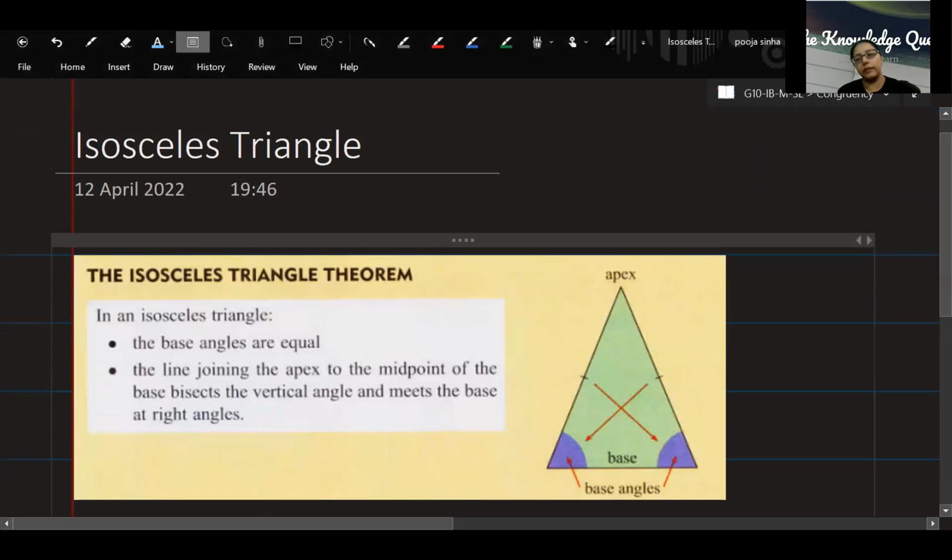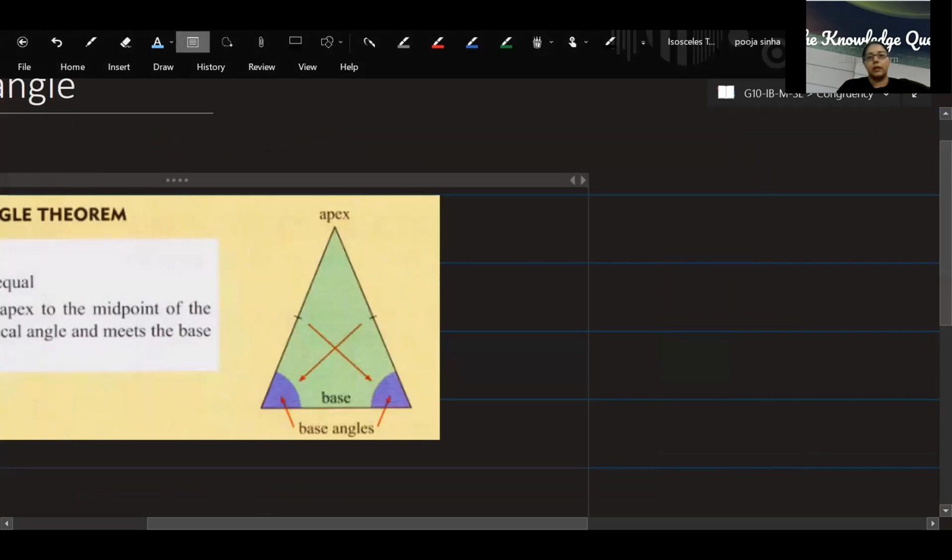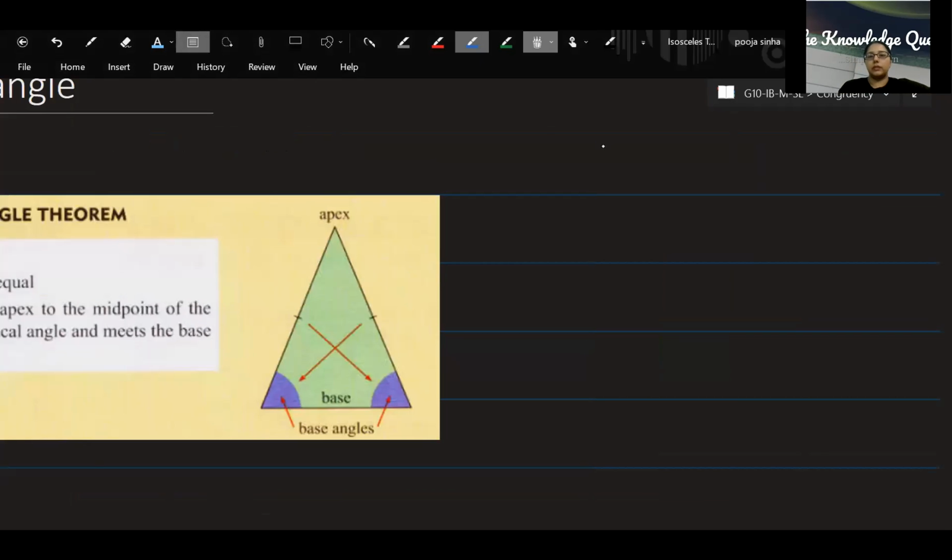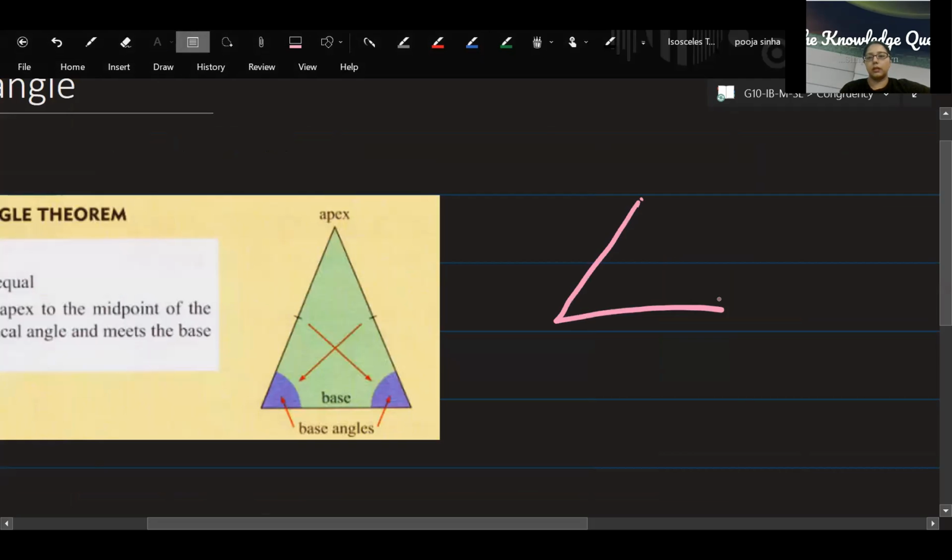So suppose I have this triangle. This side and this side are equal. Then I know it's an isosceles triangle, right? But do you see there's an angle opposite to each one of them?